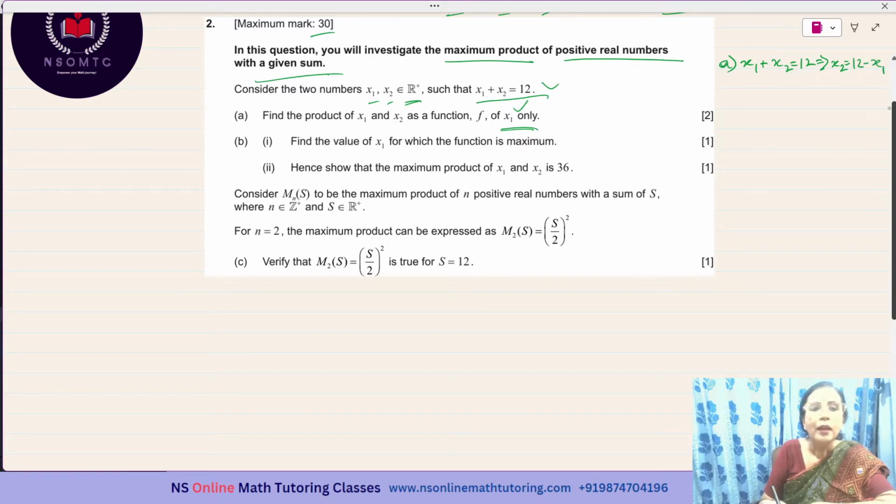Now we have to find the product of x1 and x2, and that will be the function expression, f of x1. f is a function of x1 only. So this will be the product of x1 and x2. In place of x2, we'll be writing this expression, 12 minus x1. So f of x1 is equal to x1 times 12 minus x1. Okay. So this is the answer for subpart A.